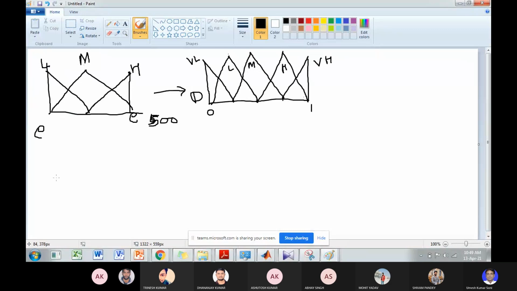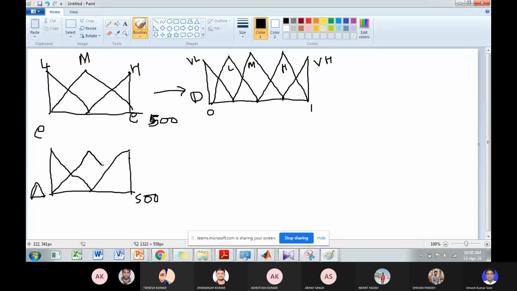So the change in the error per unit second is 500. So you take here the maximum possible range by database and knowledge base. You know that the maximum possible change in the error is 500 per second. So you design the membership function for this change in the error.